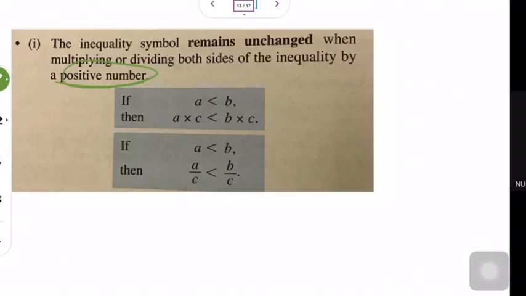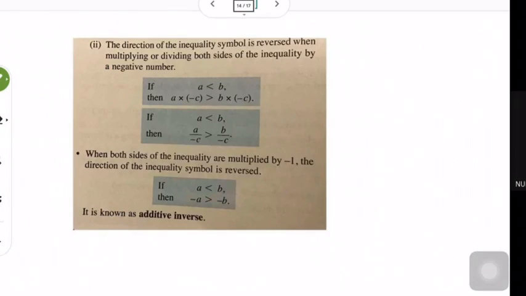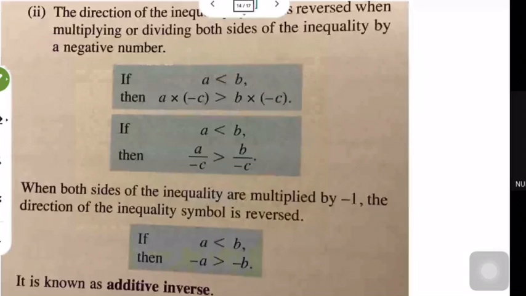Okay, bila masa the sign change? Okay, so whenever you multiply or divide with a negative number, the sign kena tukar. Ini nama dia additive inverse.